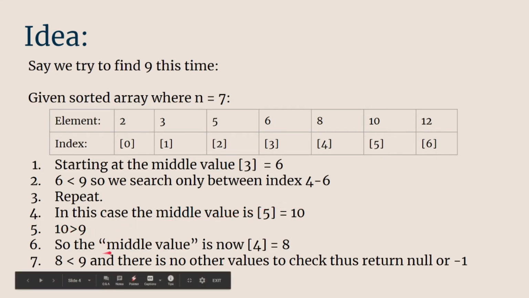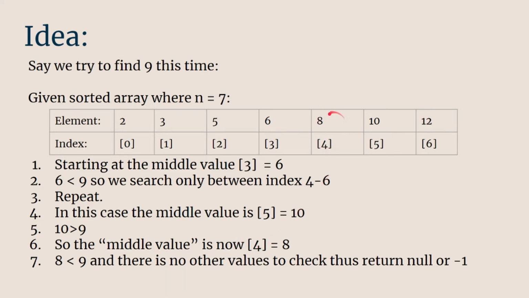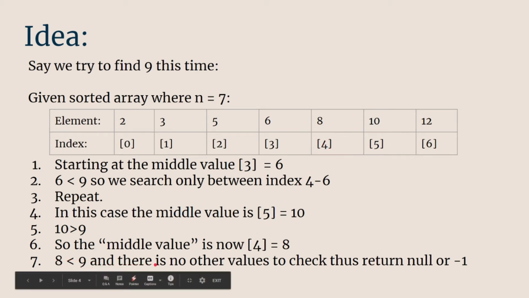So the middle value now will become element 4, because it cuts the range in between the two, which is 4 and 5, and finding the middle value rounds it down. So then we choose 4. And obviously 8 is less than 9, so there are no other values. Thus, it returns null or -1.